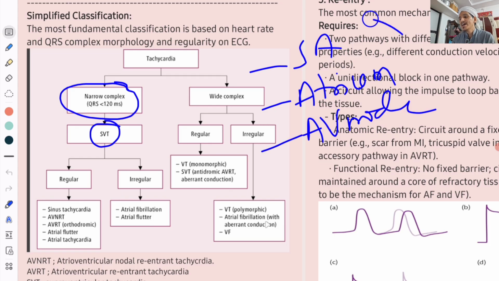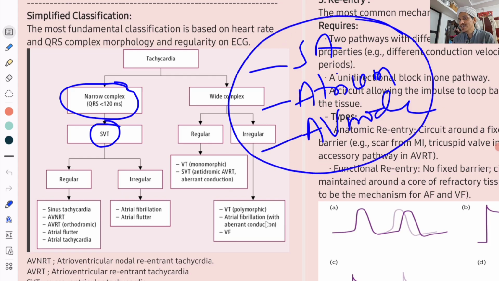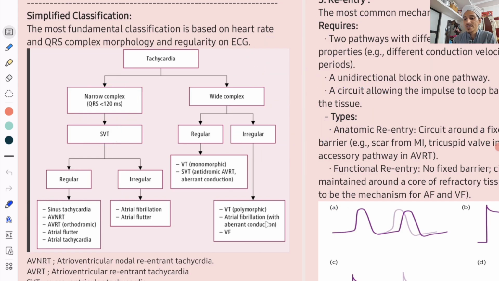So any arrhythmia originating from these sites is known as supraventricular tachycardia. Below this site, be it the bundle of His, or the ventricles, or anything downstream, is known as ventricular tachycardia or ventricular tachyarrhythmia. So if the QRS complex is narrow, it is supraventricular tachycardia.